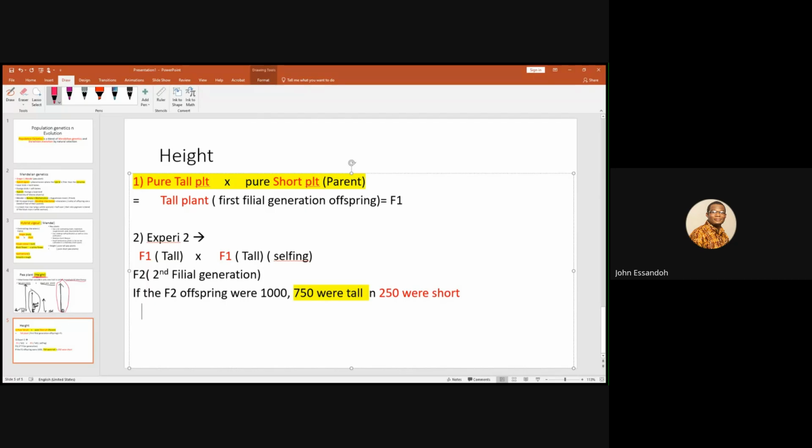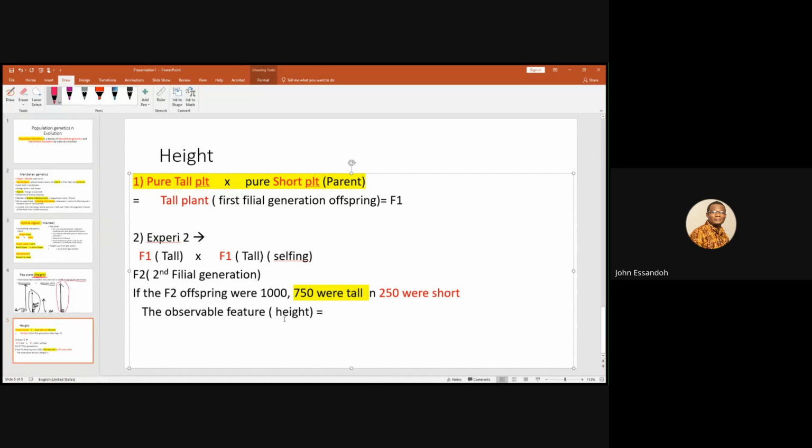Remember, this is what you observe, the observable feature, which is the height. They were in a ratio of what?